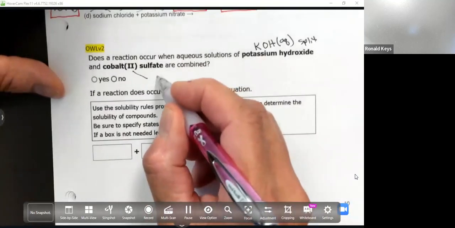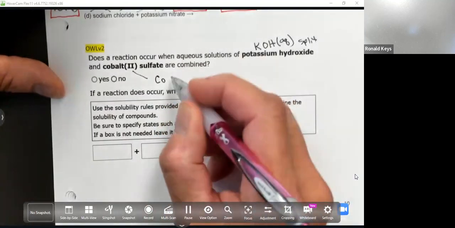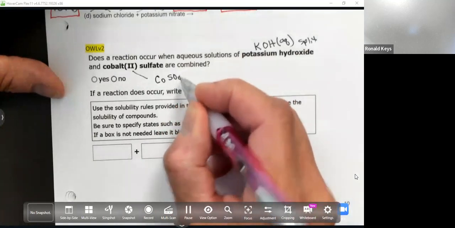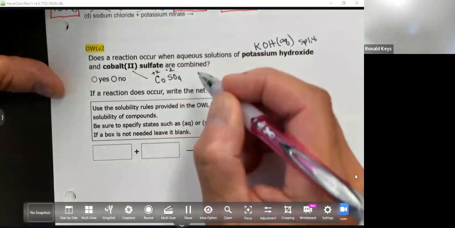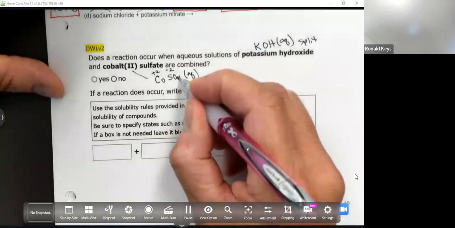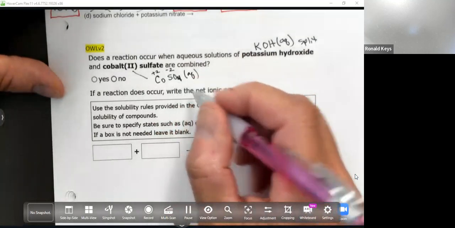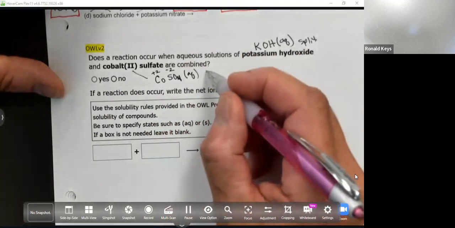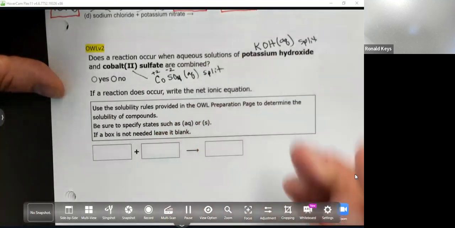Cobalt 2 sulfate. Is that going to split? It's a sulfate. Yes, there are a few exceptions, but this is going to split. We can grid it out.